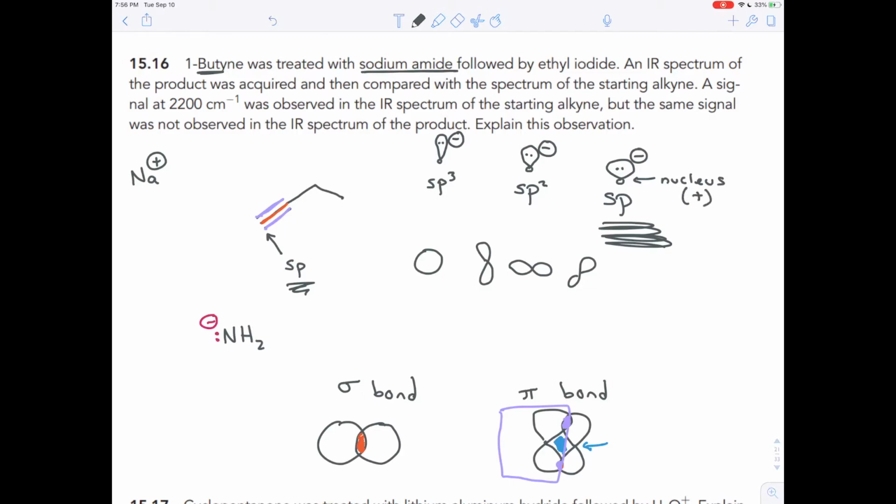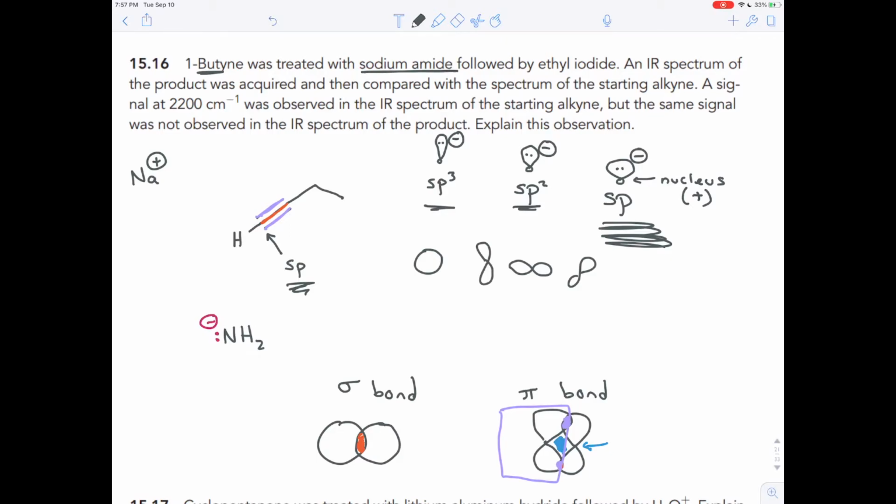The nucleus has positive charge, and it's hugging that negative charge. It's hugging these electrons really close to that nucleus, whereas with sp2 or sp3, the electrons venture further away from the nucleus.